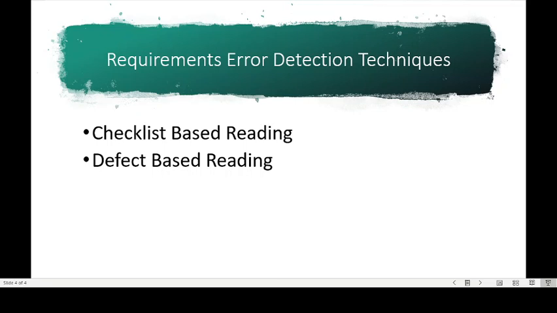This technique is good in the sense that the reviewer knows both the what and how part of the inspection. However, as the reviewer is more focused on a specific defect class while reviewing the documents, some generic defects that do not fall within any defect class may be missed out.